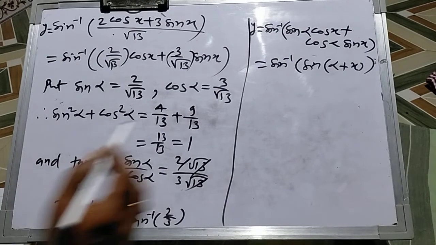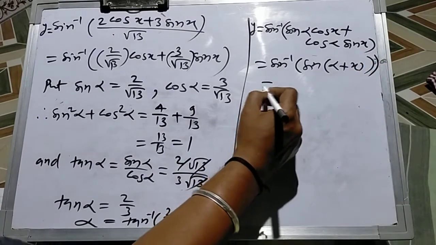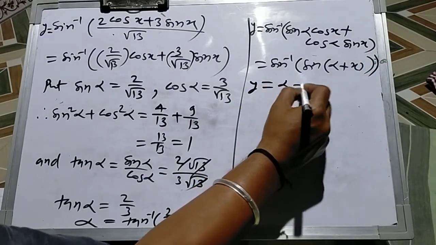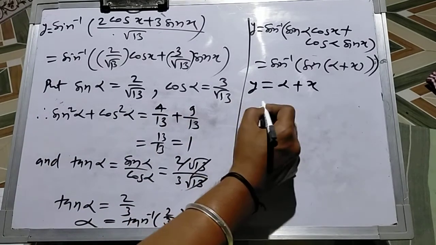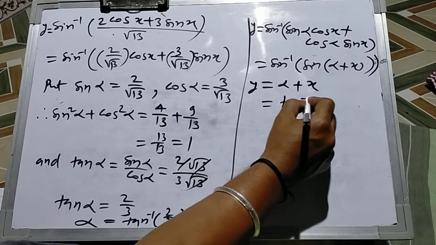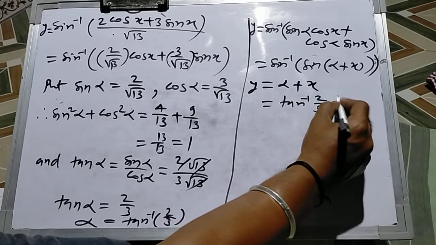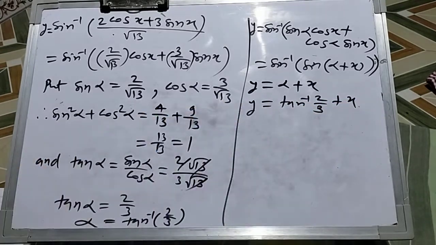Again here sin inverse of sin theta means theta. So y is equal to alpha plus x. Now alpha means tan inverse of 2 by 3, so y equals tan inverse of 2 by 3 plus x.